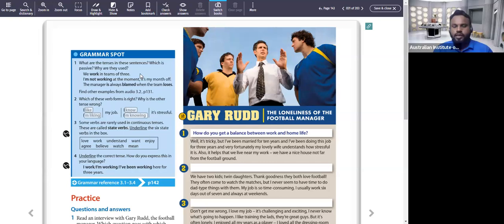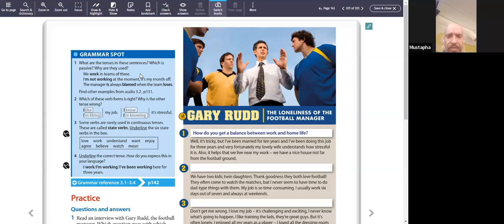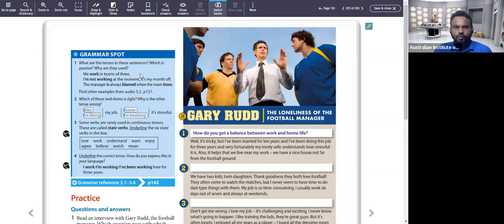That's right. So it is a be verb, present, is, and we have a past participle verb that indicates it is passive form. And also it indicates it is present simple tense. Okay, good. We can find other examples from the audio. Anyway, we'll go through it later.